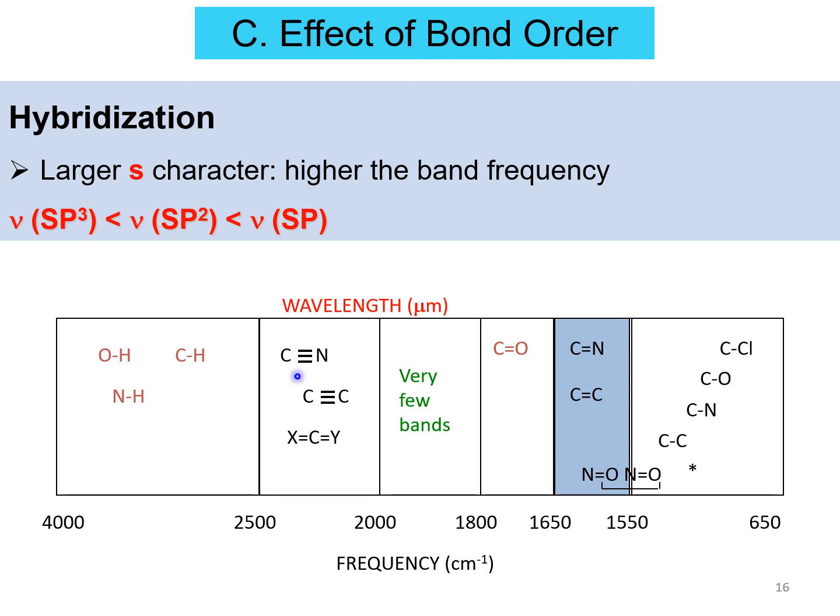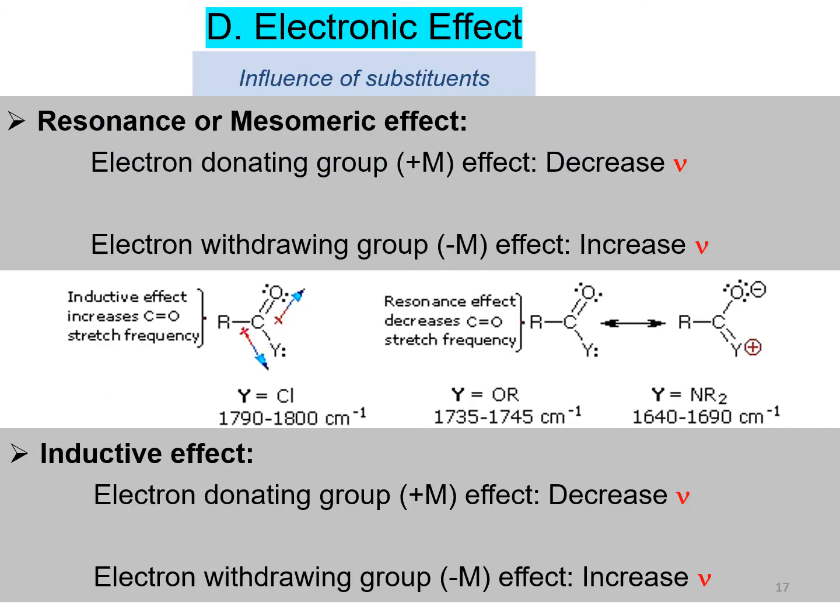Here, the triple bond, being sp, has a higher frequency compared to sp2. That's the way the bond order or hybridization changes the frequency of the bond.